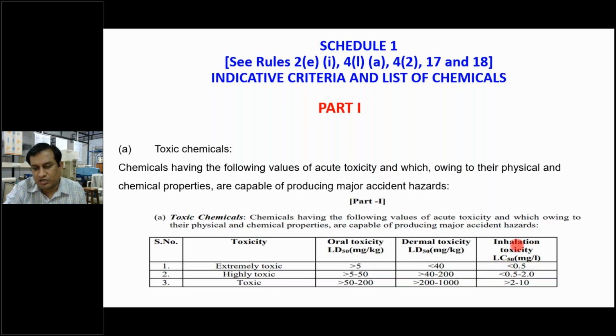So when you are using these vapors or the gases, that is why the concentration term is incorporated in this case, and mg per liter. So here now it is per liter instead of kg, right? So on the basis of these numbers, you can define these toxic chemicals.